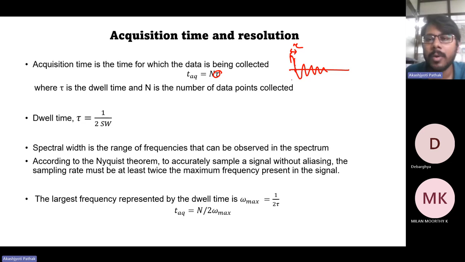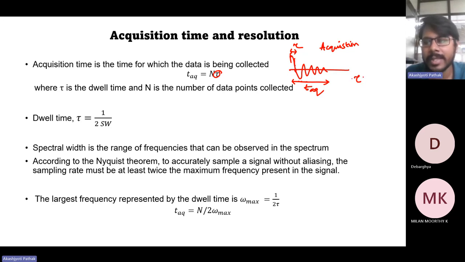Now the acquisition time is the time for which we are recording the data. For example, this is the T acquisition. So what will be the acquisition time? It will be equal to the number of data points we collect times the time interval between each data point, which is given by the dwell time.